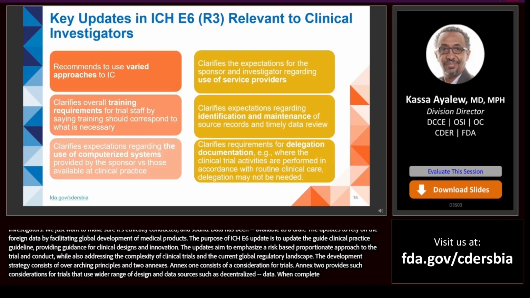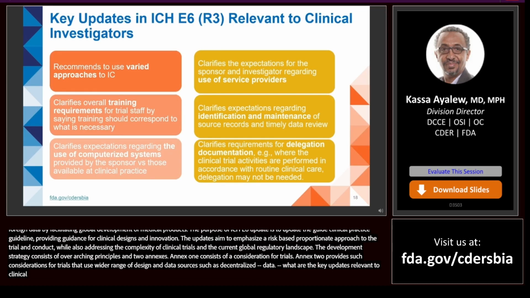What are the key updates in ICH E6R3 relevant to clinical investigators? The key updates in ICH E6R3 include a recommendation about the use of a varied approach to informed consent, i.e. the guidance recommends the use of a varied approach to informed consent, such as digital or paper or hybrid.